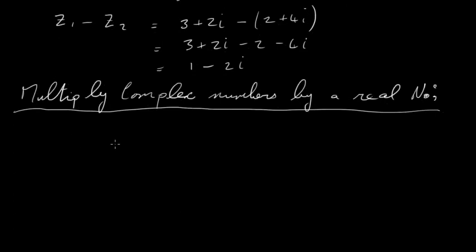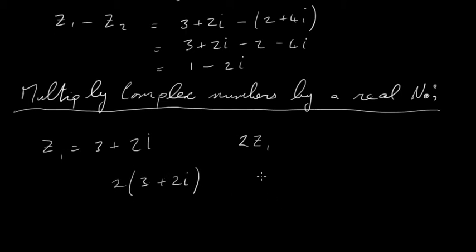So again, if we take 3 plus 2i, and we'll just call that z1. Okay, now if I want to do, let's say, twice z1, how would I do that? Well, it's simply twice 3 plus 2i.